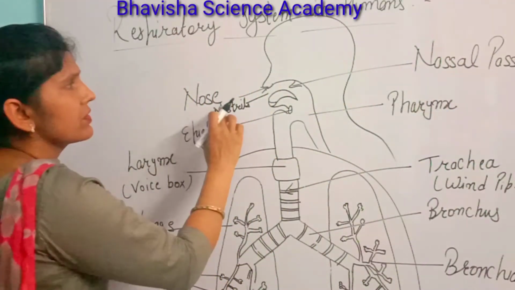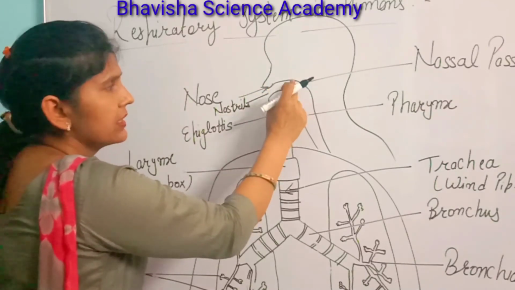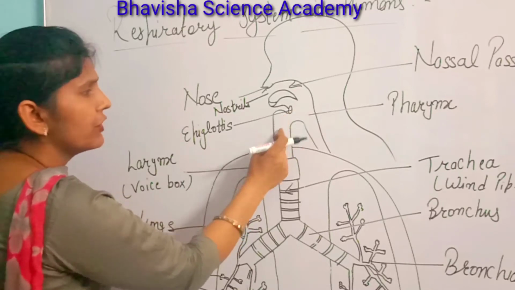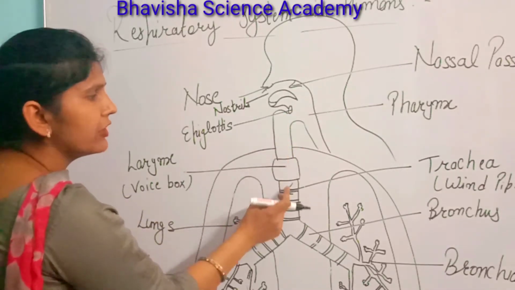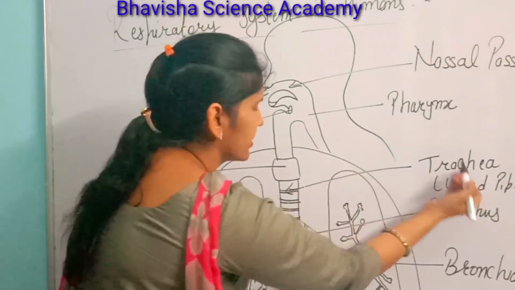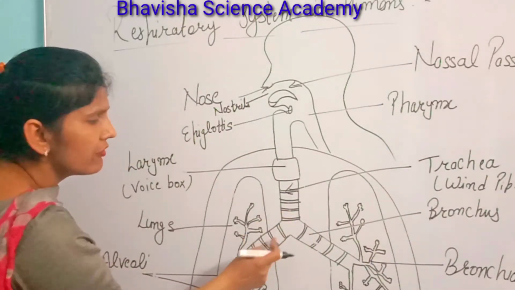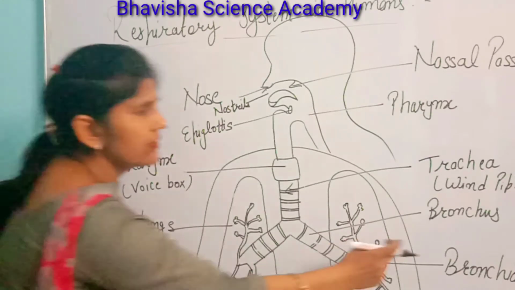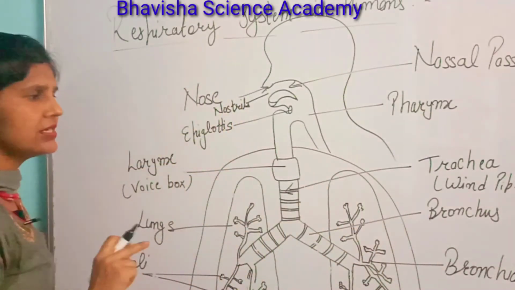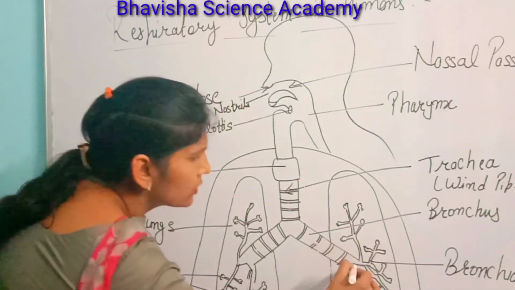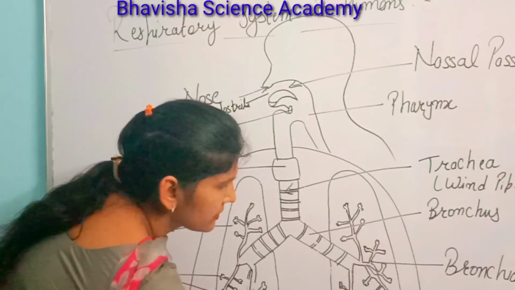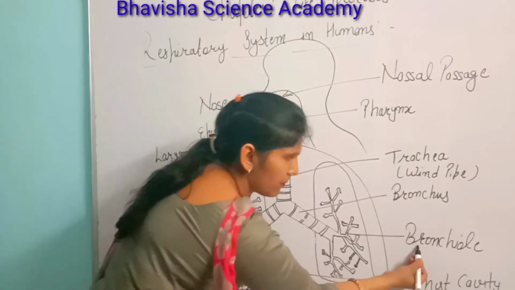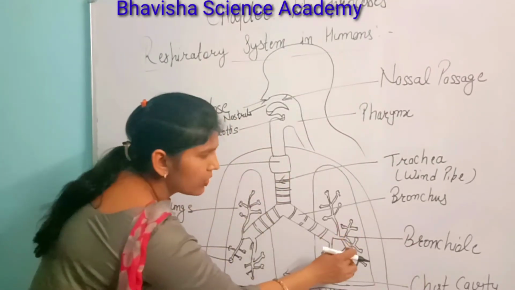Firstly, what are we doing? We take the oxygen through our nose. It will be passed from the pharynx to the windpipe, which is also known as the trachea. Trachea is further divided into two parts known as bronchus. Bronchus is further divided into so many branches, known as bronchioles.